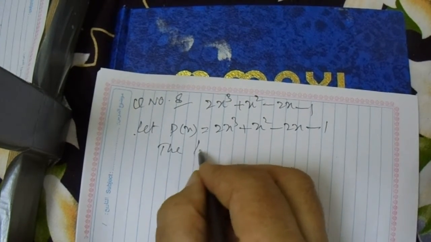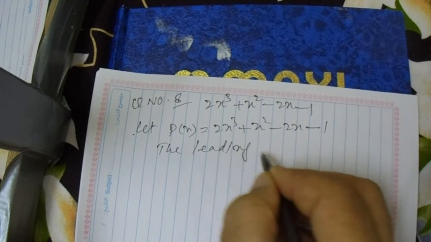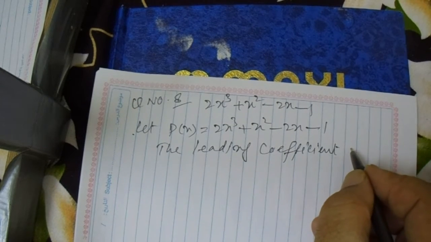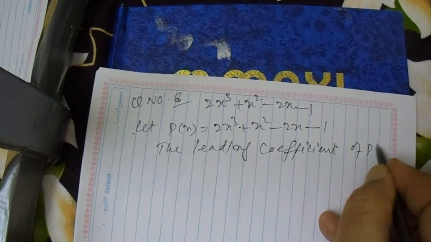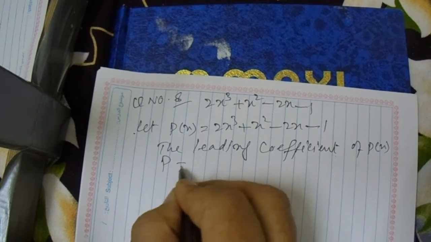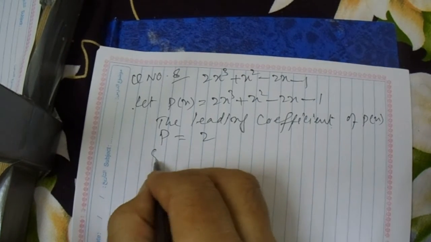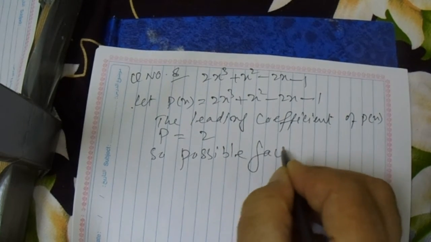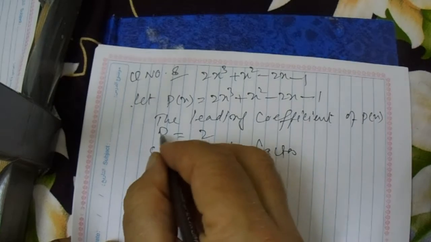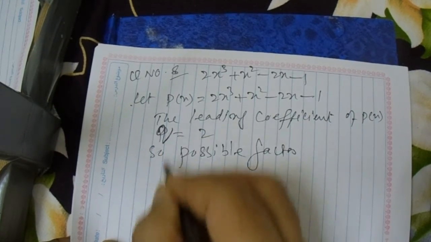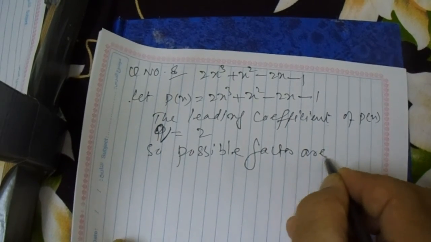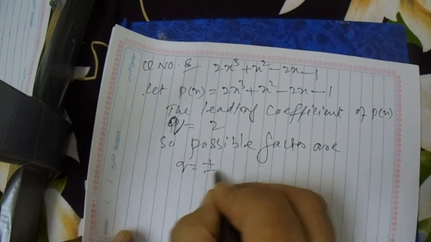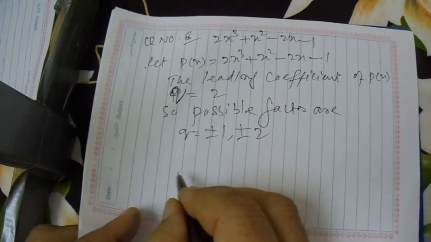The leading coefficient of P(x) is 2, so the possible factors q are ±1 and ±2.